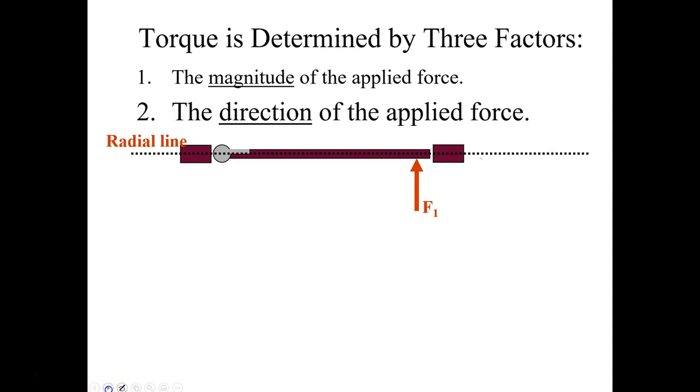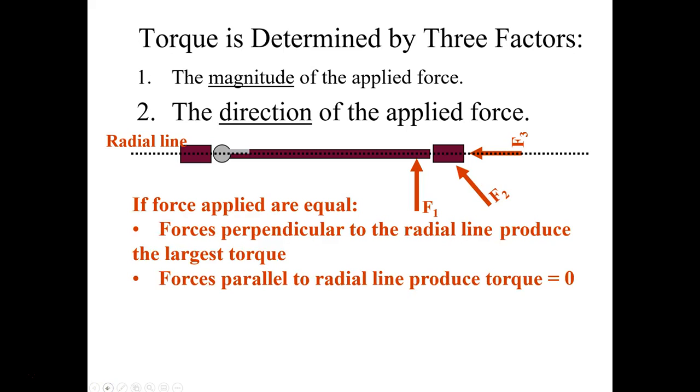Whenever we apply a force that is perpendicular to our radial line, like in the case of F1, we're going to have the maximum amount of torque possible, because only the perpendicular portion of the force is going to produce torque. So anytime we have a force that's applied parallel to the radial line, we're going to produce no torque at all.